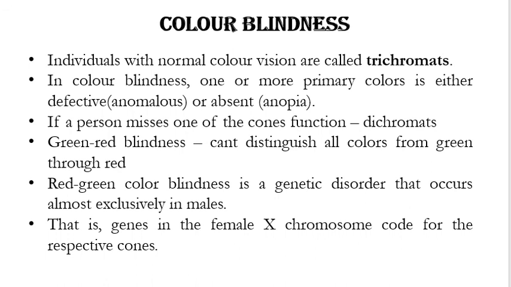There are all sorts of blindness when it comes to color. We're going to do a practical session to see if you are colorblind, and there we're going to also talk about what these practical exercises are based on. But there are those that have green red blindness. They can't distinguish all colors from green through red.